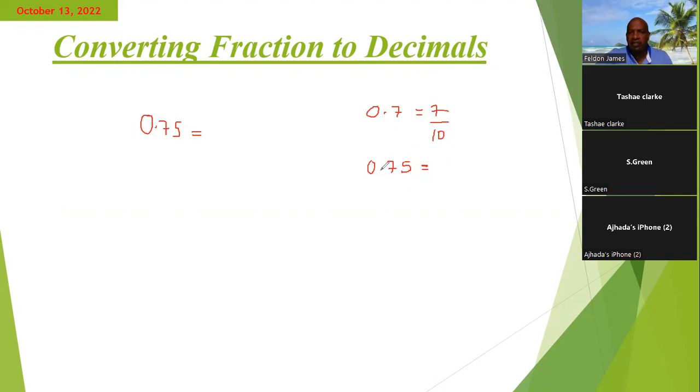If now we have two digits after the point, then in the denominator, how many zeros are we going to have? 2. 2 zeros, right? So the number of digits that come after the point determines how many zeros are in the denominator. Now, in this case, the two digits must go over the 100. So this would become 75 over 100.